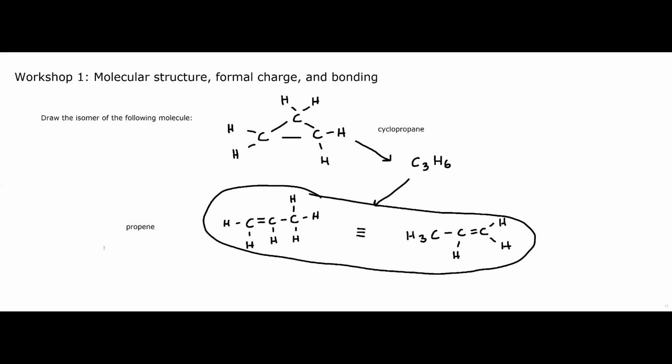Propane is a 3-carbon chain. When you have a double bond, then you replace the A with an E. So this is propene instead of propane. Okay, so cyclopropane and propene are constitutional isomers.